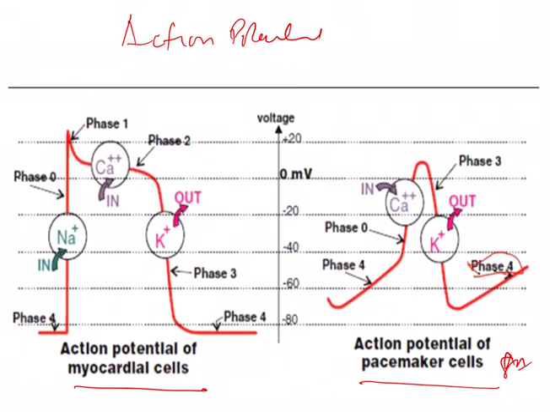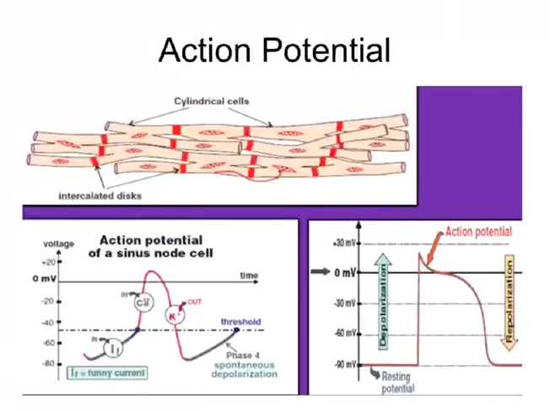In myocardial cells, phase 4 is the resting membrane potential, but in pacemaker cells the depolarization occurs in phase 4.